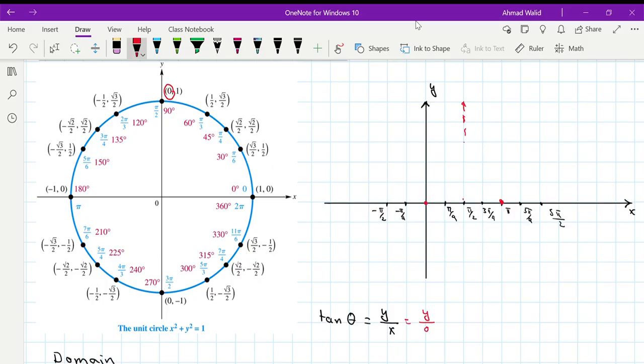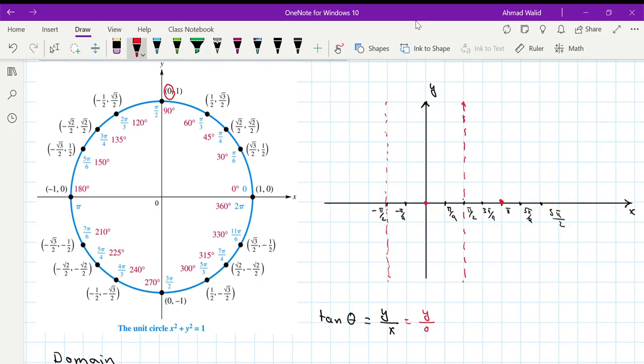At pi over 2, I get a vertical asymptote. Also, if at pi over 2 I have a vertical asymptote, at negative pi over 2 you also get a vertical asymptote.